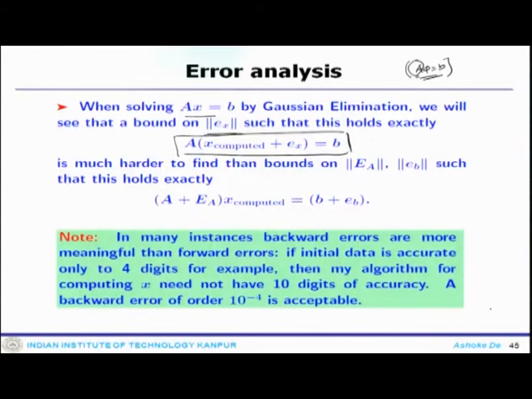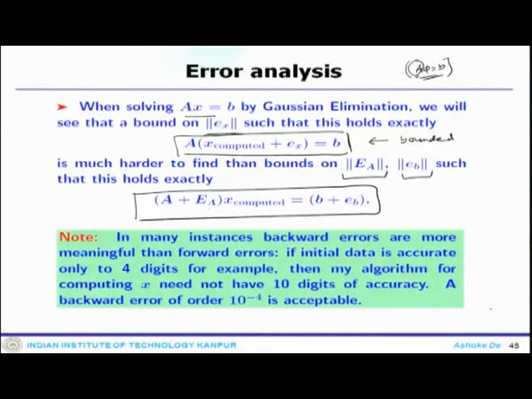So this would be bounded for this calculation. This is quite harder to find than the bounds on E A, E B, such that this holds exactly: this particular property, A plus E A, which is the backward error, into x computed equals B plus epsilon B.